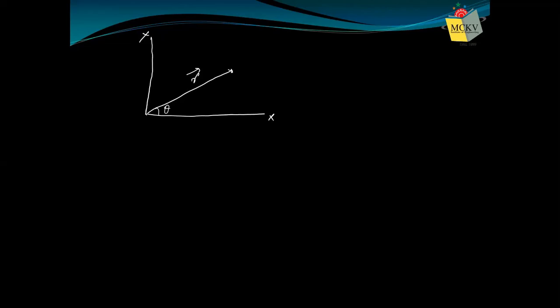Or we can write r in terms of xy. How? We'll make a perpendicular from the end on x and on y axis. If the coordinate here is xy, that means this value is x and this value is y. That is the coordinate of this point, say point P, is xy.